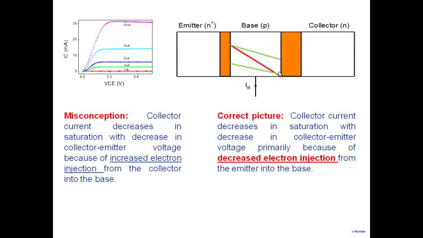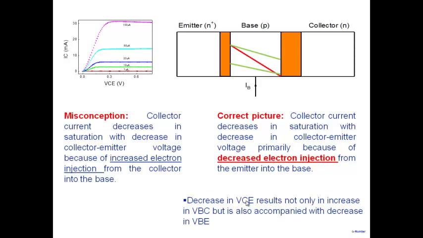This is the correct picture. The electron injection has fallen. So a decrease in VCE results not only in an increase in VBC, but is also accompanied by a decrease in VBE. If you actually go and measure as I go from here down here, you will find that the base emitter voltage is actually decreasing.